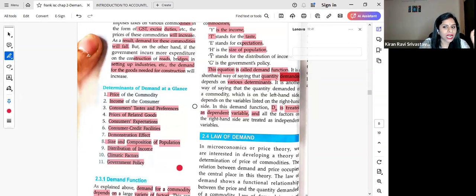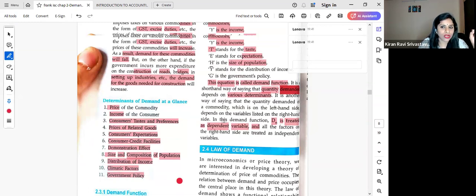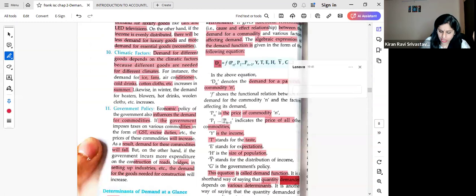That is why demand for a product is the dependent variable. So your LHS is your dependent variable, and the function on this side is the independent variables, which are called determinants of demand.